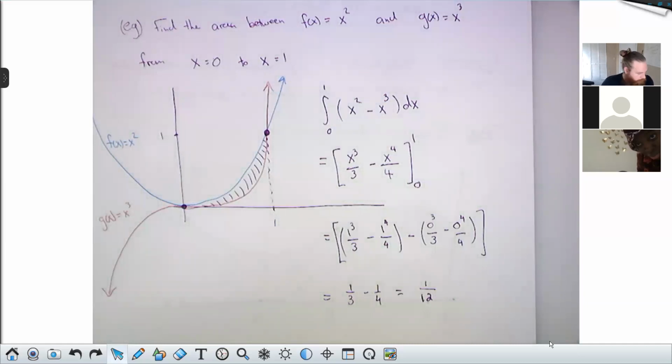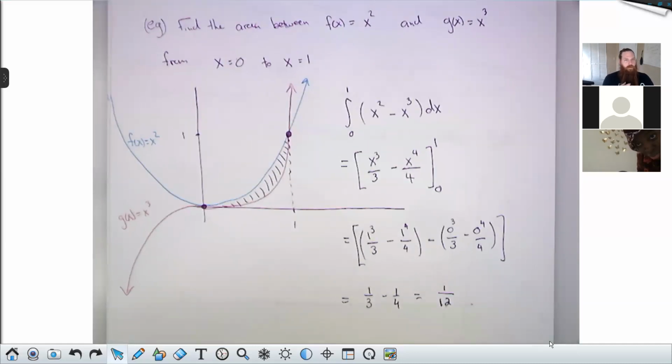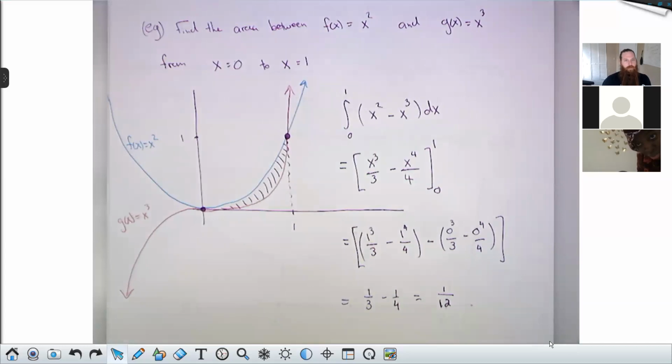So another neat example here involving sine and cosine exists. I'll show you at least an example doing just exactly what you're talking about in 1 second. Any other questions on this example? Do we all see why we start with this integral? Because x squared is the upper function and x cubed is the lower function.